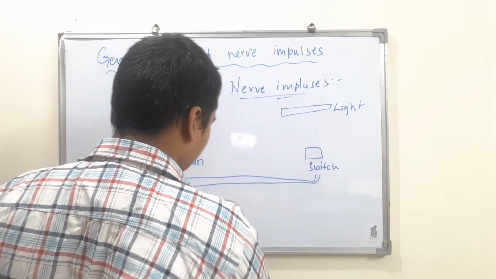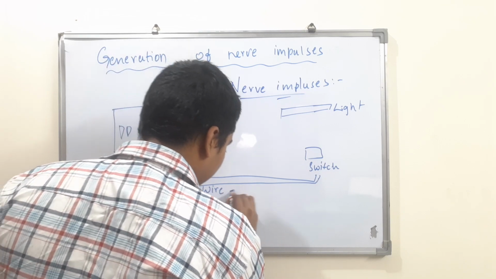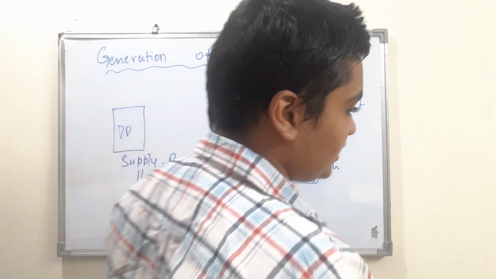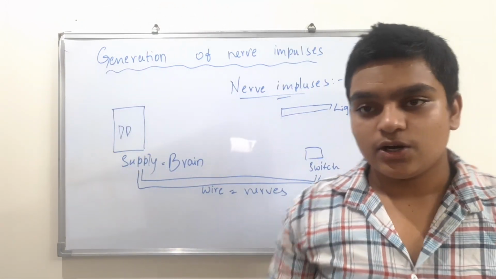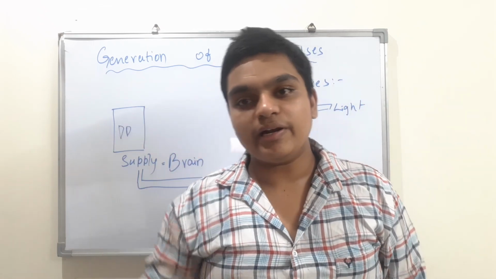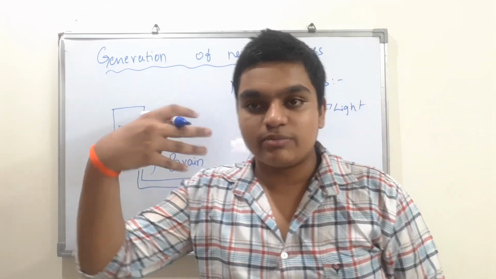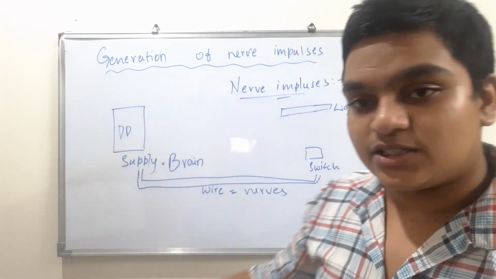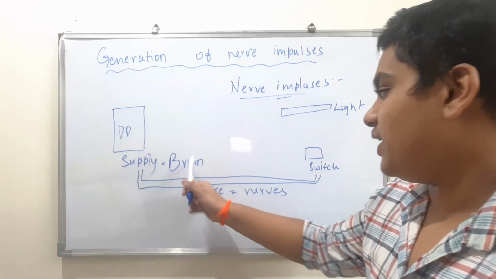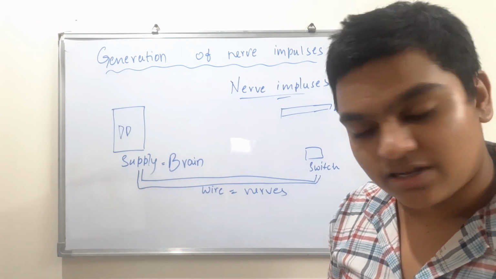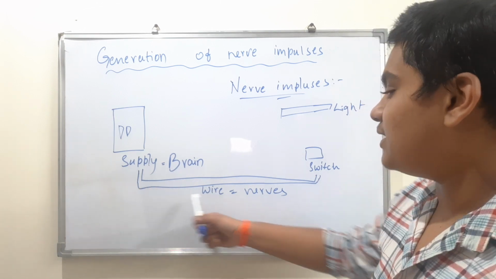This is your wire, and these are termed as nerves. I am telling you this so that you remember it very carefully, and it persists in your brain for many days. So the supply is considered as brain, and the wire is considered as nerve.